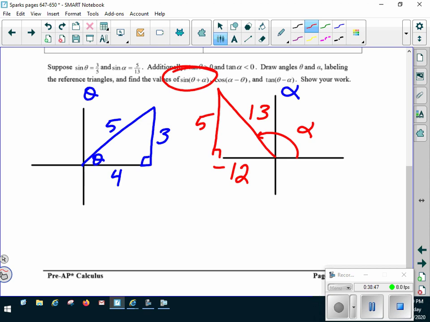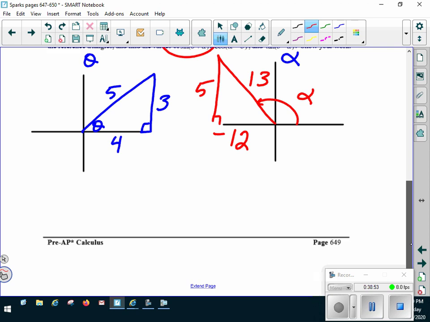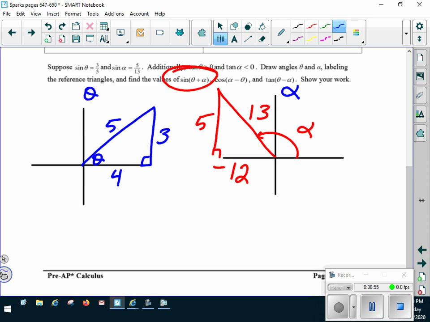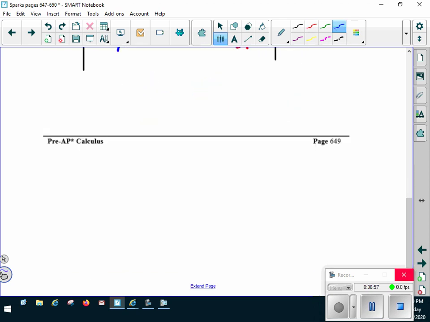Now, the sine of theta plus alpha. All right, let's see what we can do. Now what we have to do is know the formula.